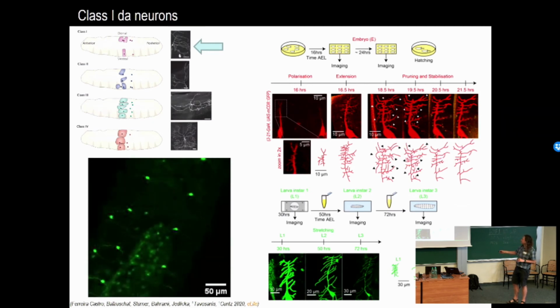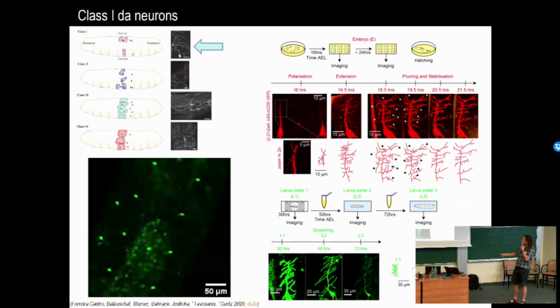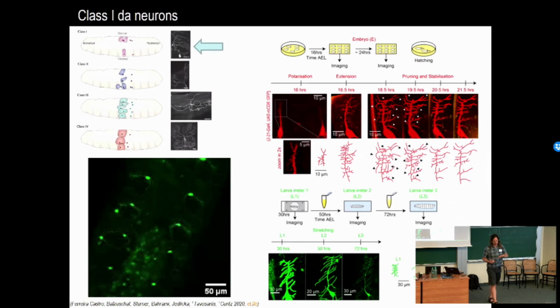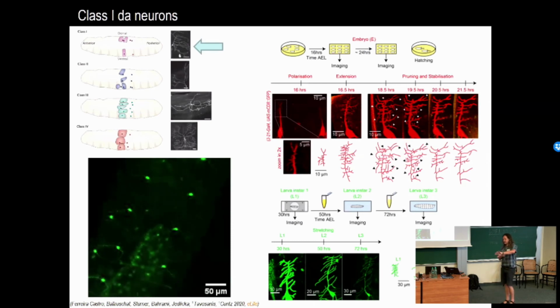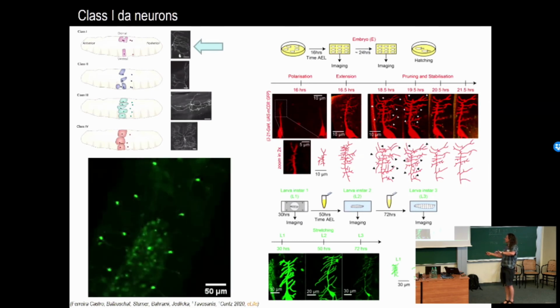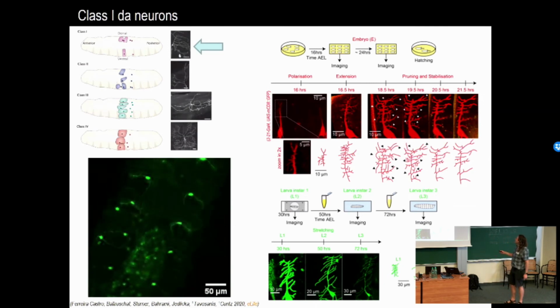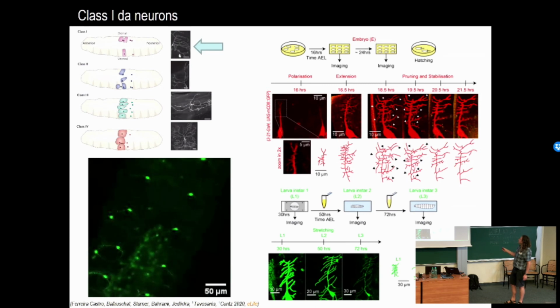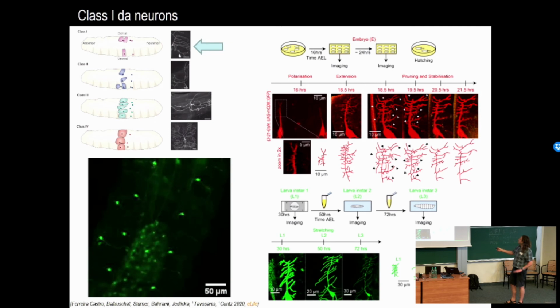This is data from Andre, who was a PhD student in my lab, and he actually imaged the calcium signal during the contraction of the larva, and these dendrites, by having this perpendicular shape, are ideally suited to sense the contraction of the larva. And what he found when he did this time lapse is, in this particular case, everything happens in the embryo. Afterwards, the scaling is just a stretching.